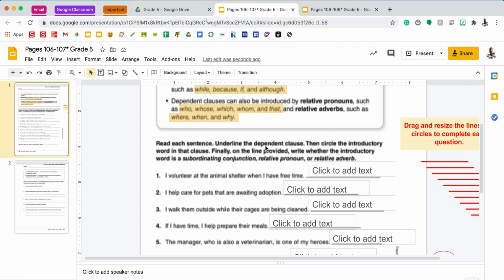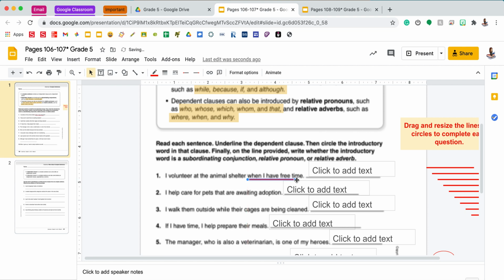I volunteer at the animal shelter when I have free time. In this sentence, I volunteer at the animal shelter is your independent clause. When I have free time is your dependent clause.